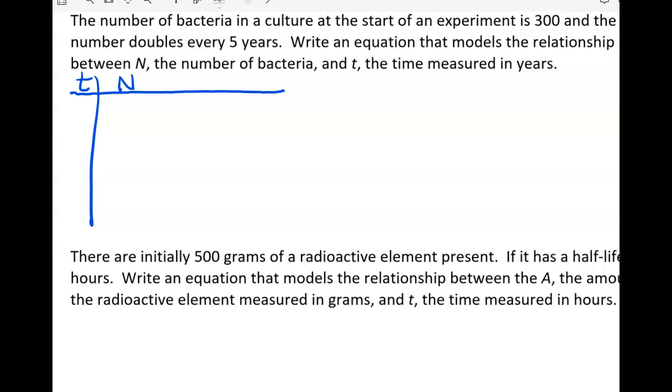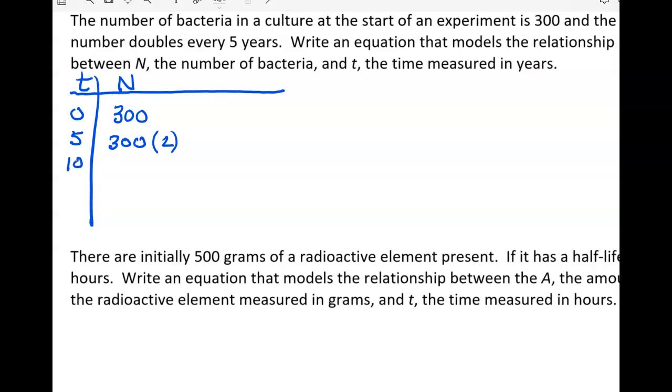So we can already go ahead and fill in our initial time, 0, and our initial number of bacteria is 300. However, in this situation, the doubling happens every 5 years. So that means our next data point is when t is equal to 5, the number of bacteria in that culture will have multiplied by 2.